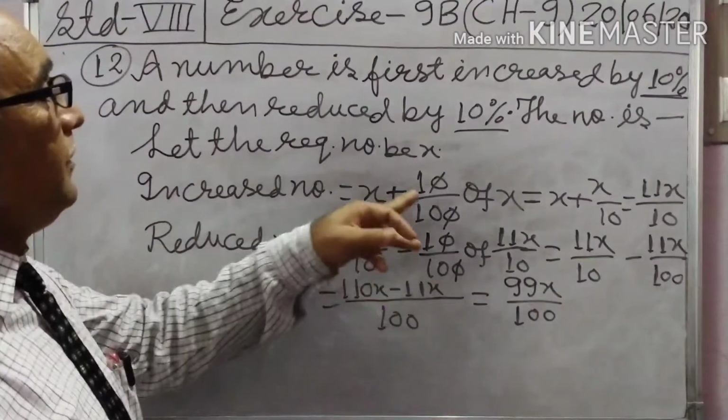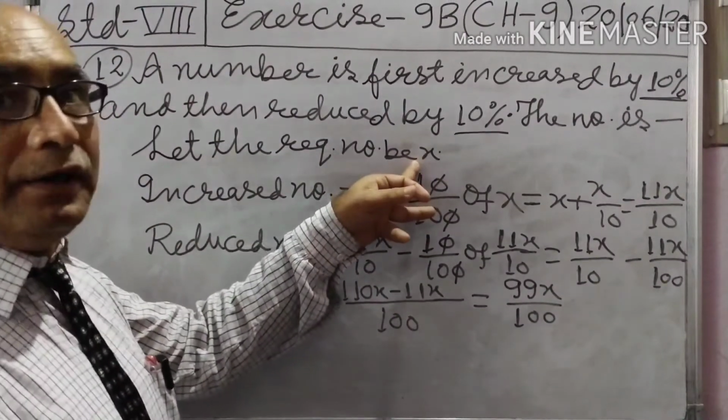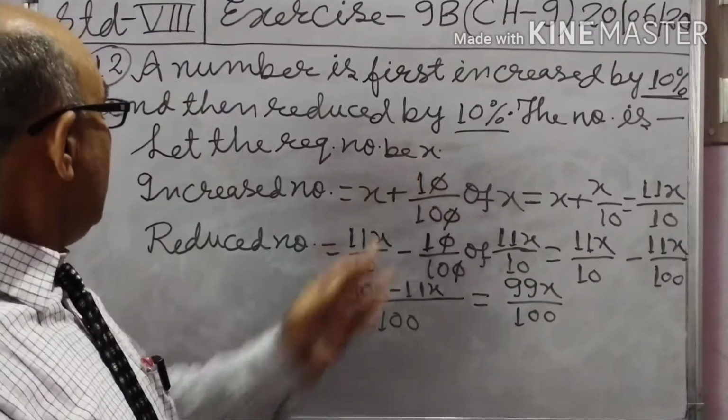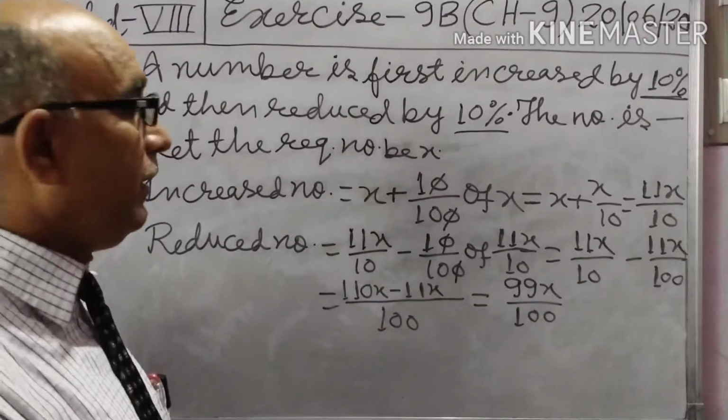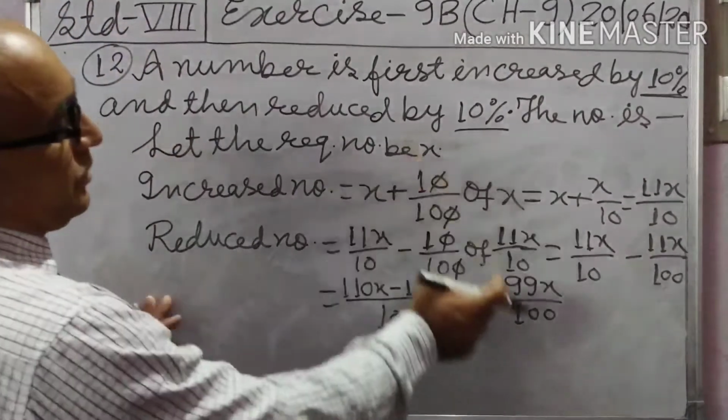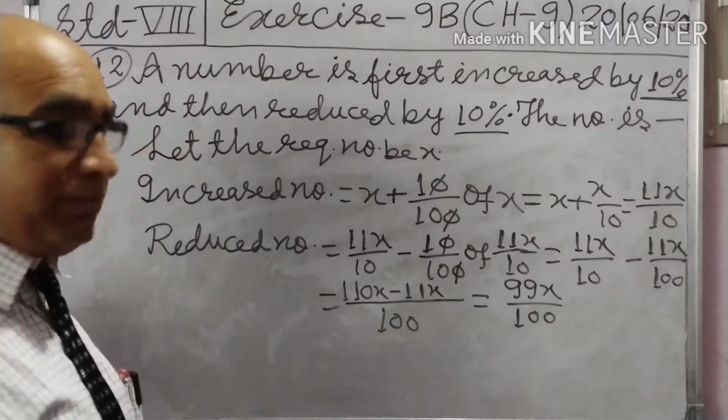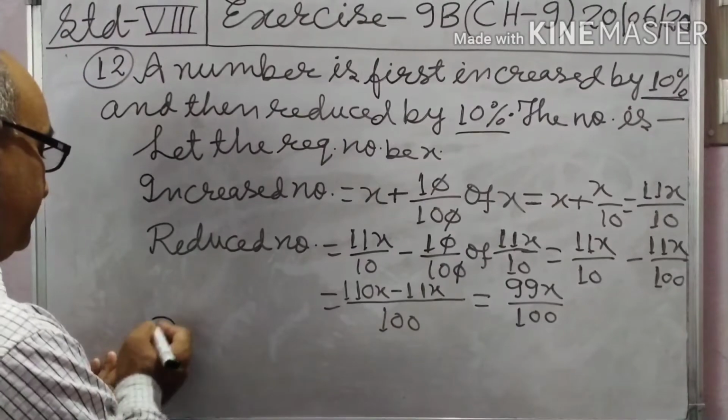Now the first number is x. After the increase and then decrease, it changes into 99x by 100. So x to 99x by 100, it is decreased.